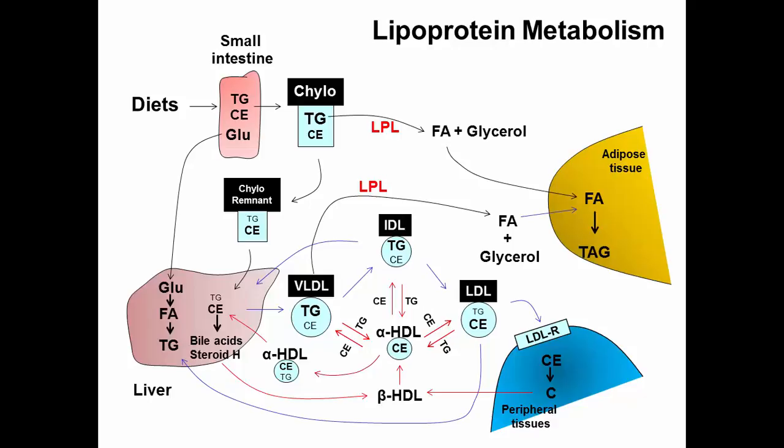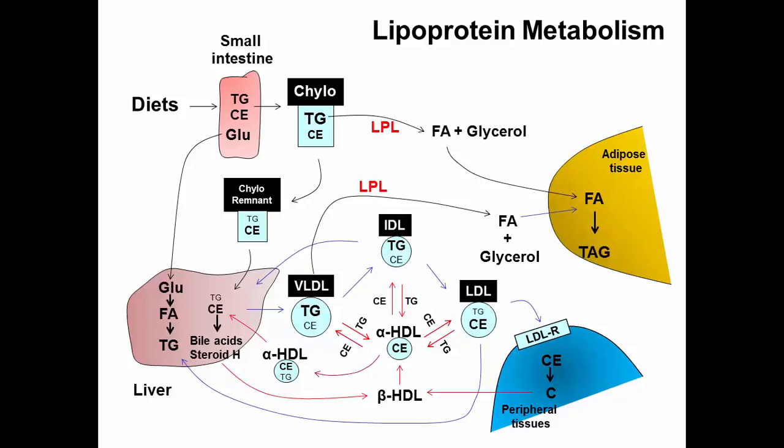These two sources of triglyceride are packed into VLDL in the fed condition, and VLDL transports the triglyceride from the liver to the adipose tissue. LPL is also important to hydrolyze triglyceride in VLDL.